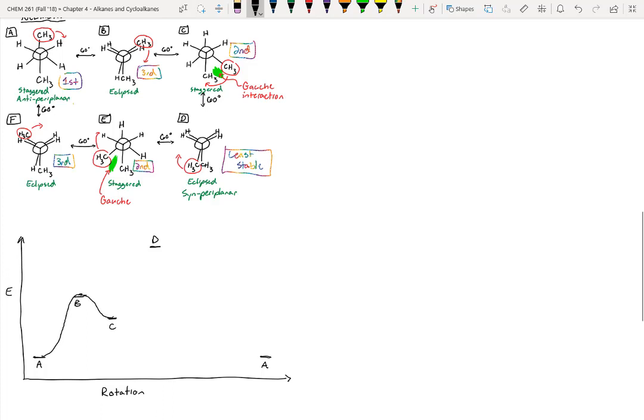And then when we go to C, we drop back down, but C is higher energy than A. And then we're going to go back up to D like that. And then we said down here that E is actually the same energy level as C. And then last but not least, we go to F. That's right here. And then back down to A.